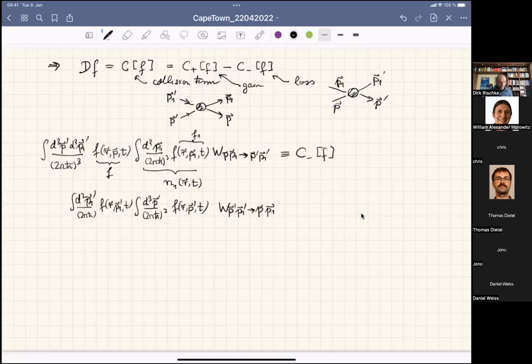And at the end of the day, you also have to integrate over the unobserved P1 particles, because the P1 can take any value in this collision process, and this would be C plus.